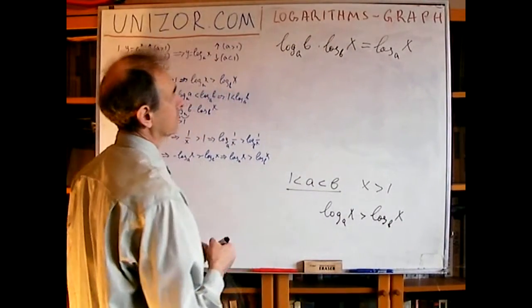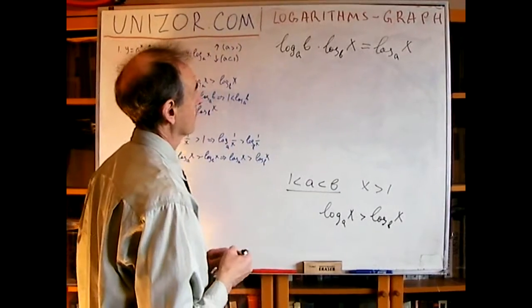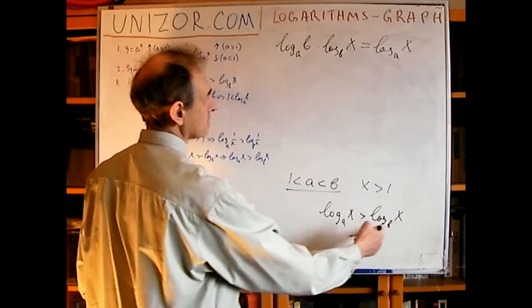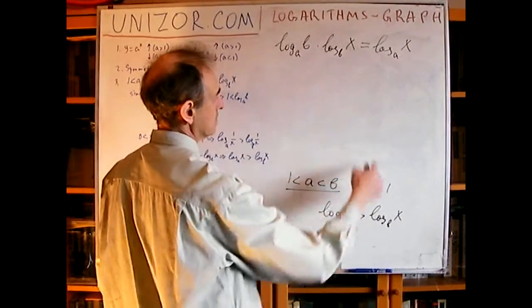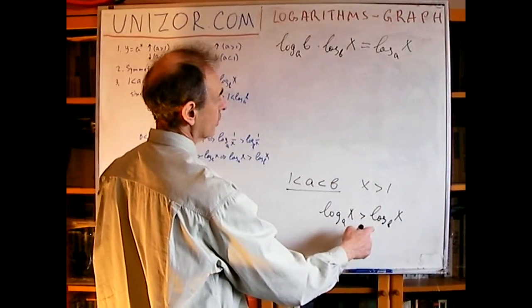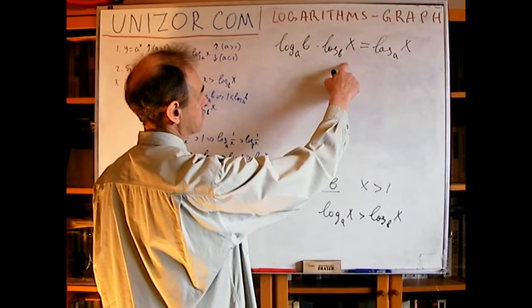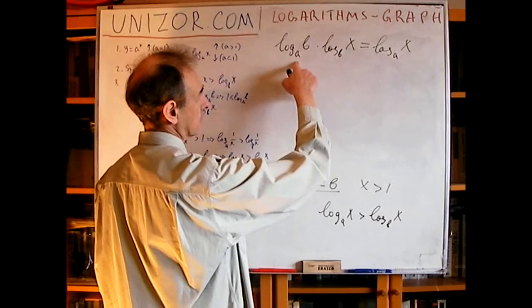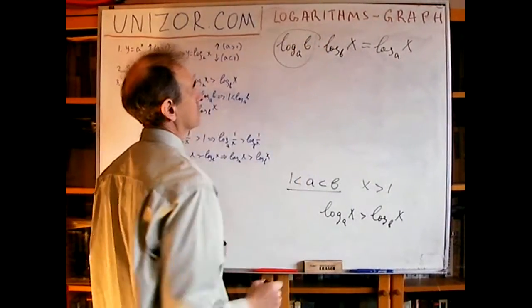So anyway, in this particular case, let's think about this. This is logarithm base a, this is logarithm base b, and it looks like I'm multiplying the logarithm with base b by something to get this. Now, how about this?